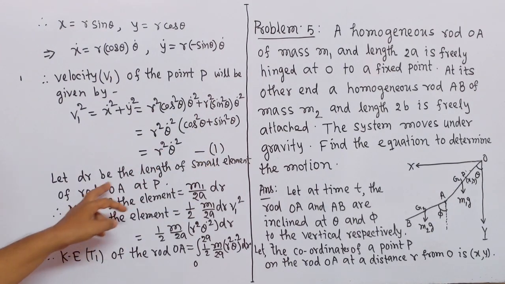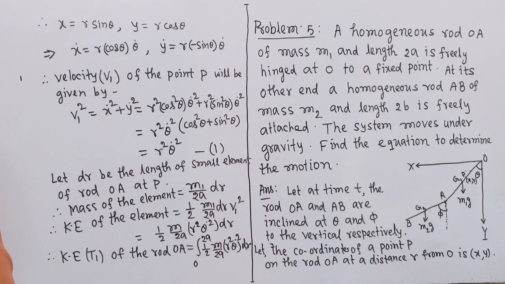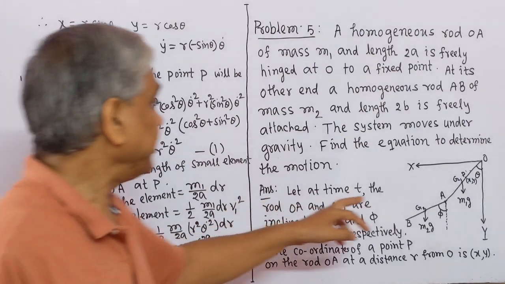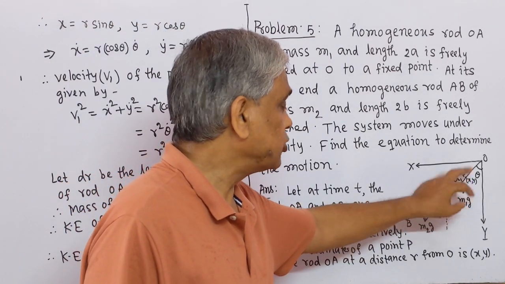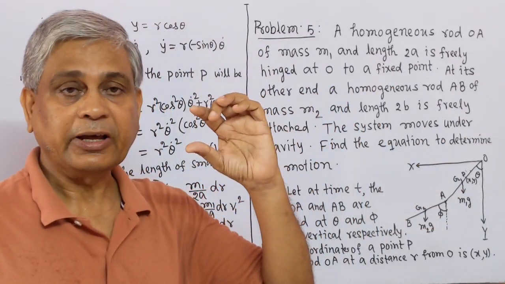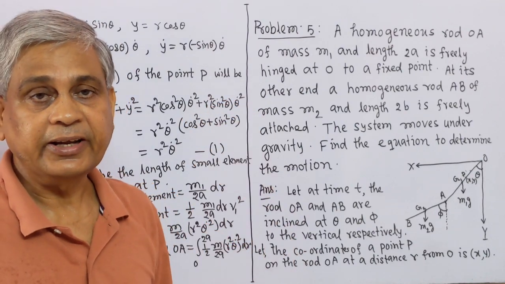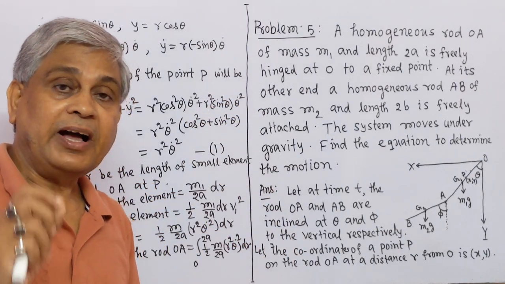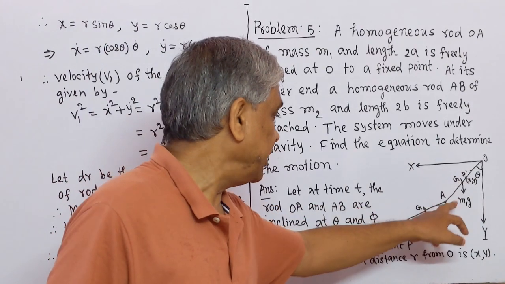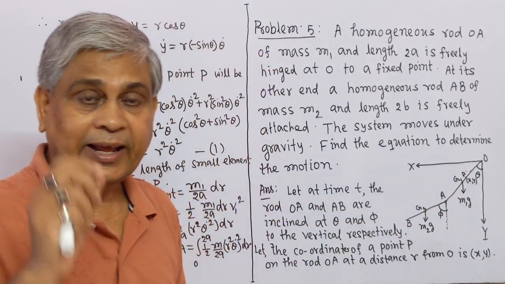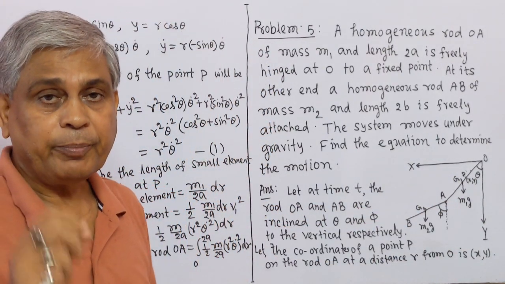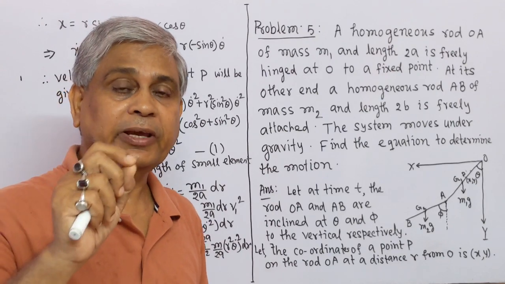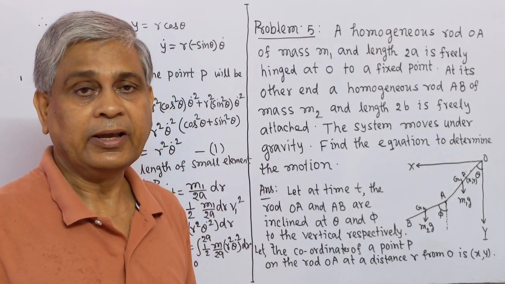Let dr be the length of a small element of the rod OA at P. Since the mass of the rod OA is M1 and its length is 2a, the mass per unit length is M1 by 2a.